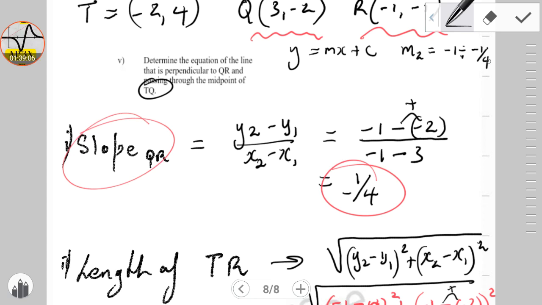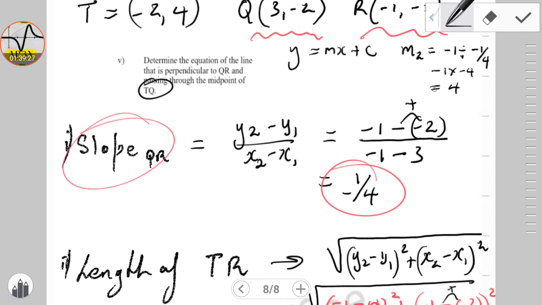And now it's going to be -1 multiplied by -4 because you have to flip. So then we end up with a gradient here of 4. The gradient here is in fact 4.